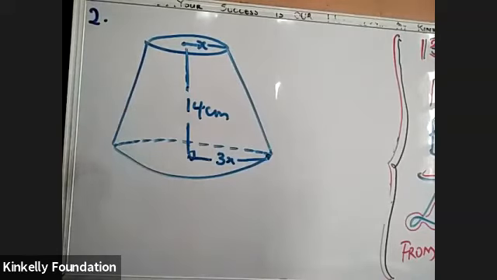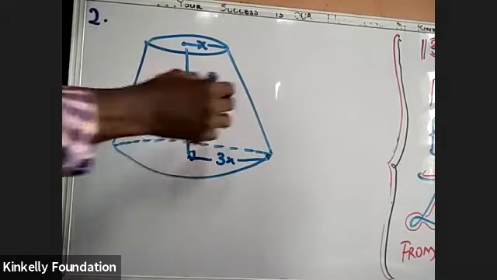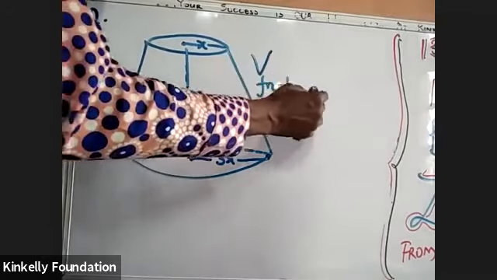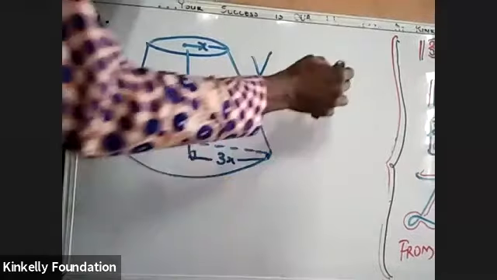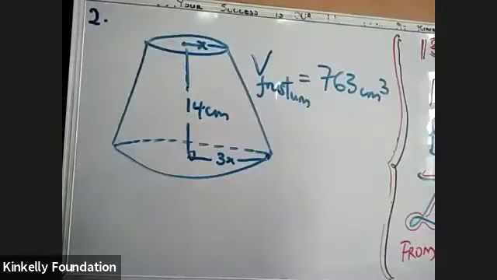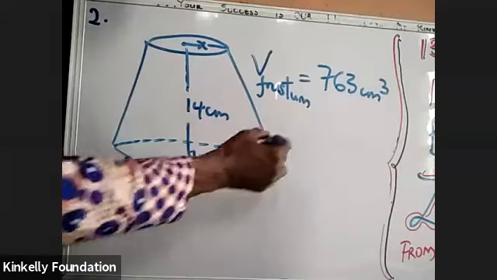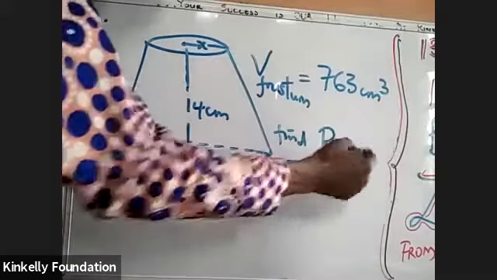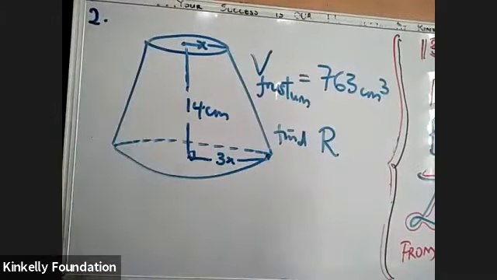Now the question says the volume of the lampshade, the volume of this frustum, is 763 cm cube. The question says find the bottom radius, this big R, and the area of cloth to cover the lampshade.